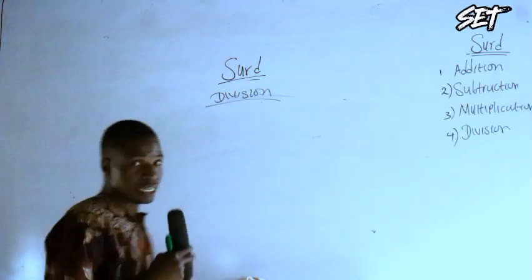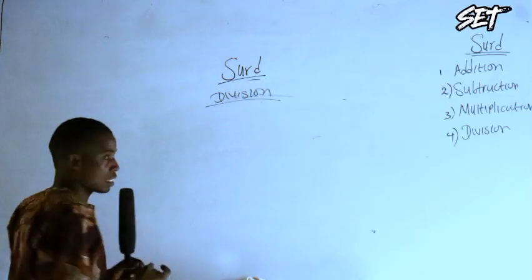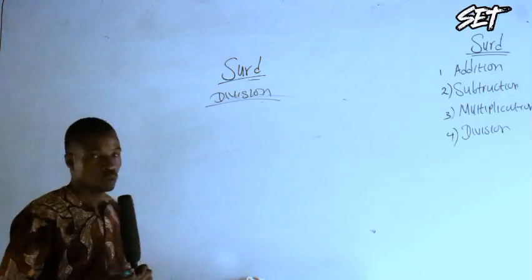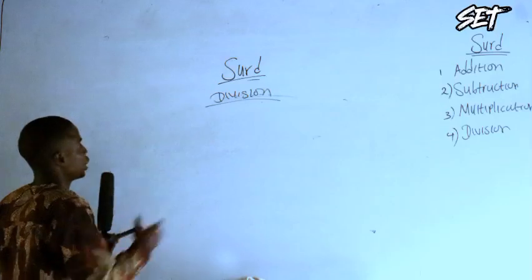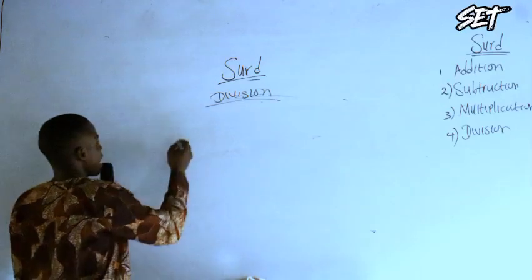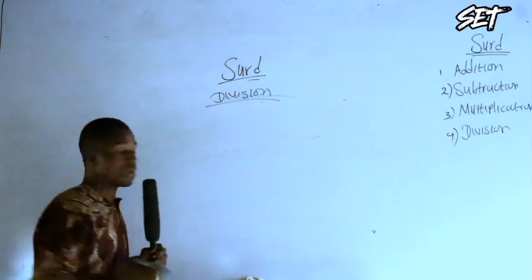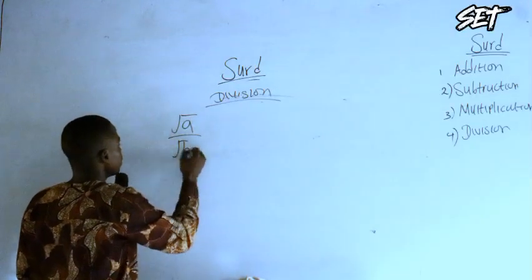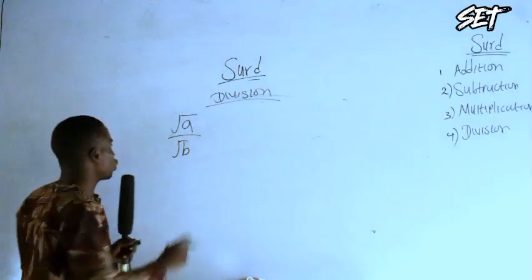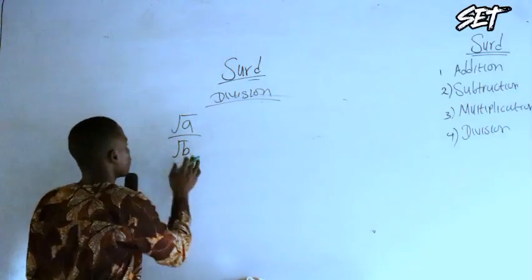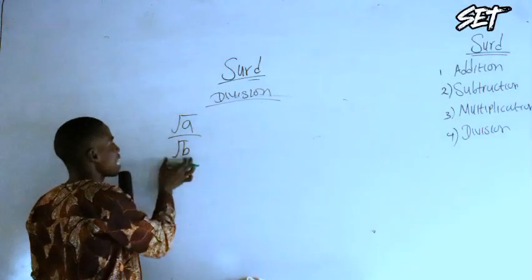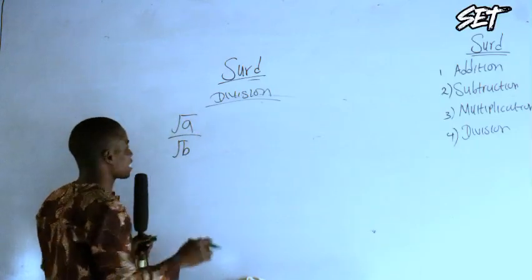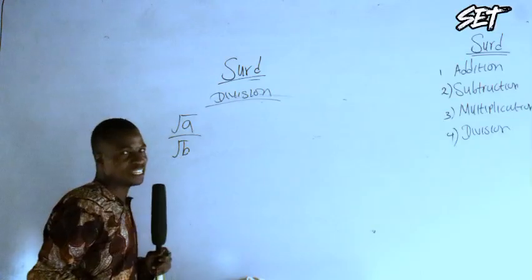Now, let us look at division. Let me give you an example of division. When we have A all over root B, in division, you must not have your answer in root.